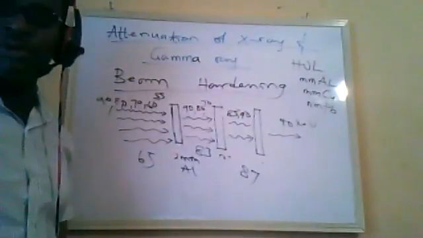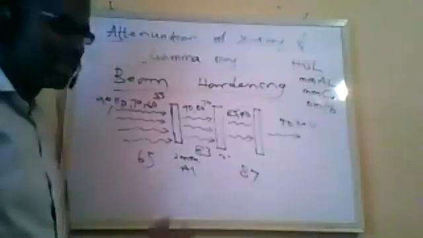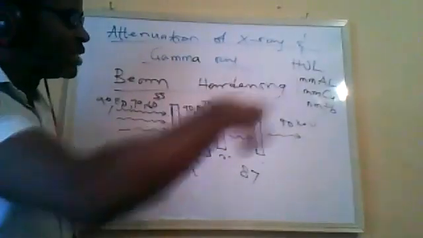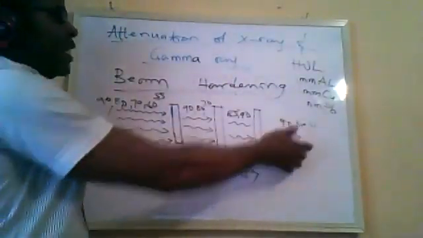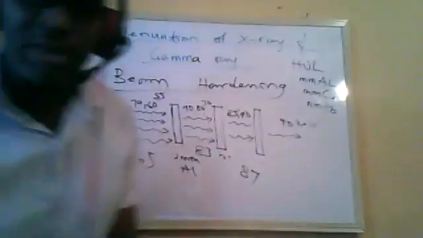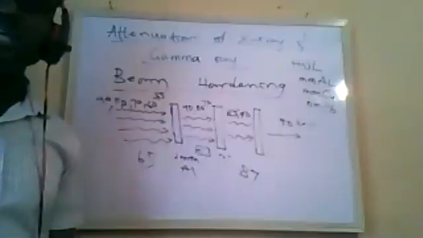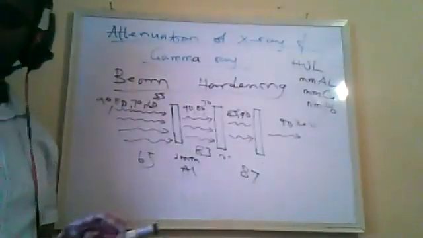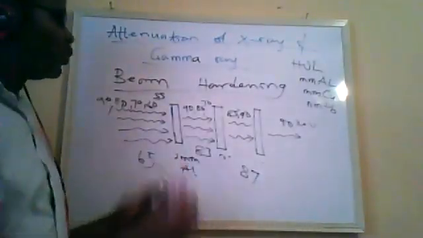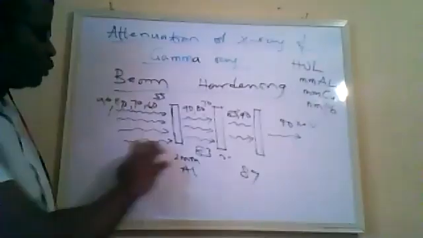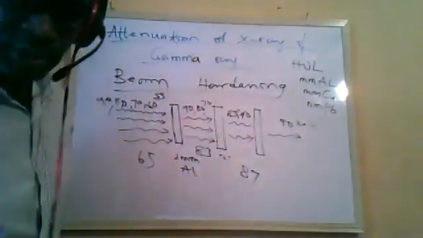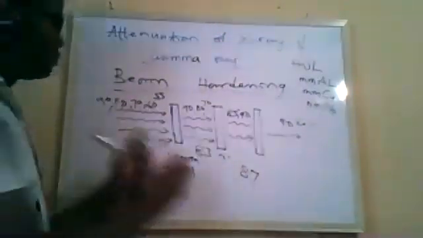Of course, we're looking at the effective energy, not just energy, because we have so many energy components. So you see, energy continues to increase. This is because it is a polyenergetic beam. If it had been a monoenergetic beam, we wouldn't have this, because we are talking about just one energy.